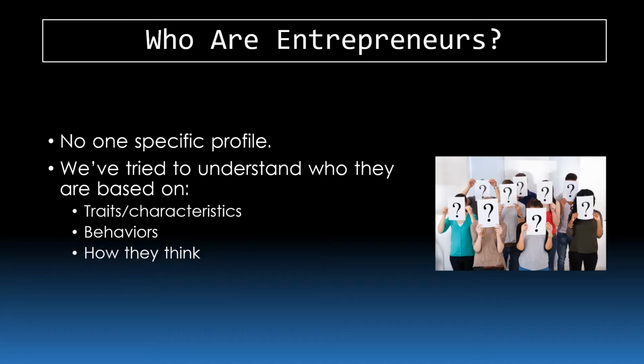And I think that last piece, the how they think, was a real sea change in the field of studying entrepreneurship. The cognitive aspect has become really, really popular among researchers, and I think it's got some really interesting findings that will inform our understanding of who these people really are.